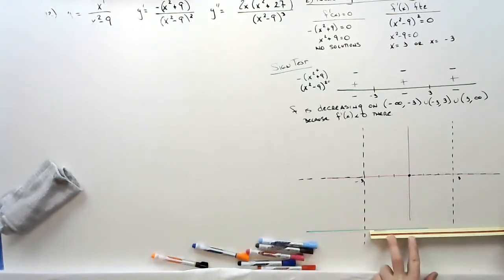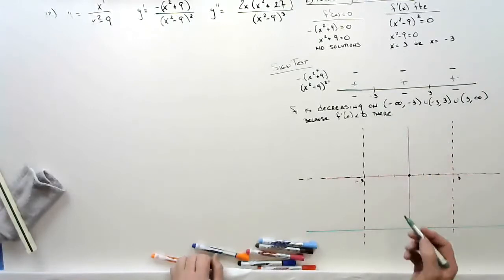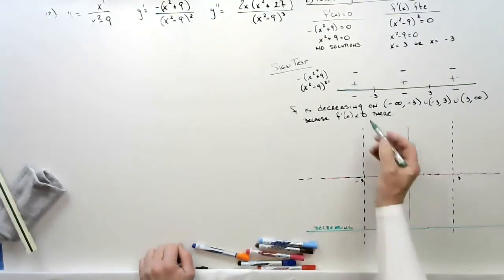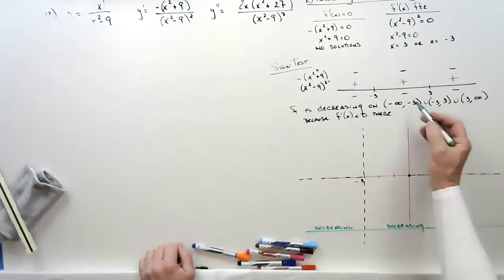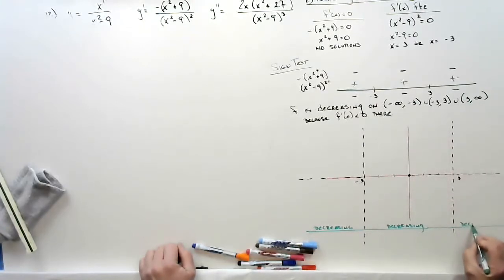It's just a reference line for me, and I'm going to put this information on that line. Here's negative 3 right here. Over here, I'm going to write decreasing because my function is going down. In here, from negative 3 to 3, I'm going to write decreasing because my function is going down. Over here, from 3 to infinity, I'm going to write decreasing. This is here to help me draw the graph. That's why it's here.